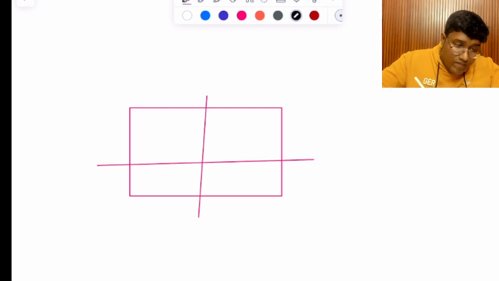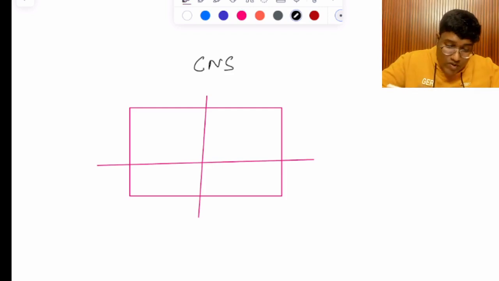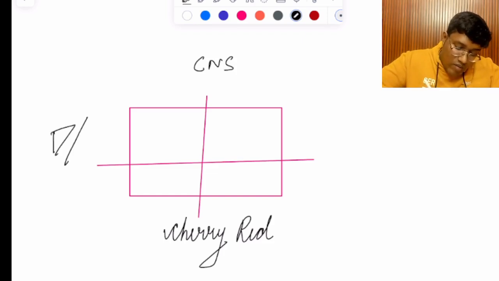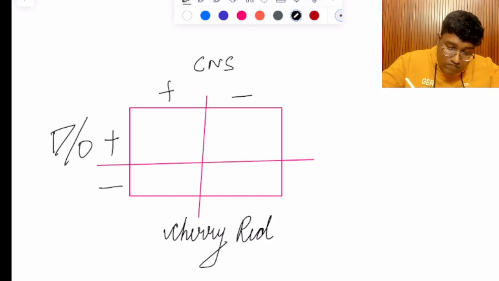Let's just say CNS symptoms, or you can put cherry red as well. So cherry red spots in the eyes, right? Cherry red spots and some CNS symptoms. And over here I'll put hepatosplenomegaly. So hepatosplenomegaly present, absent, present, CNS present, absent.